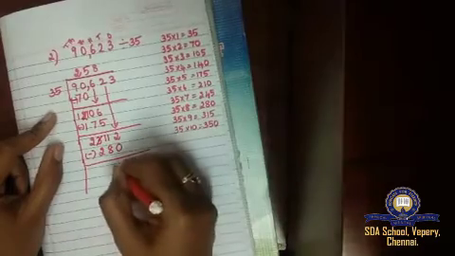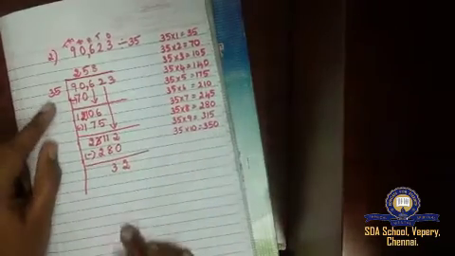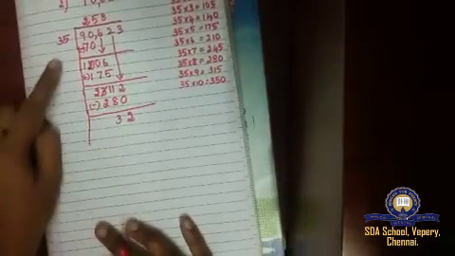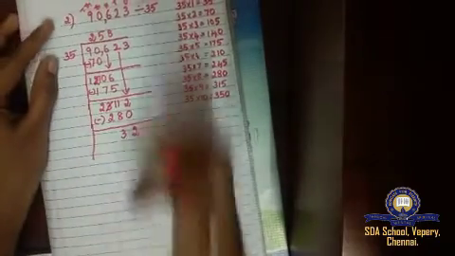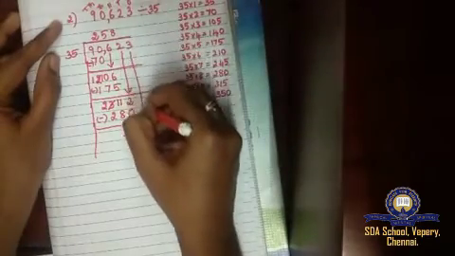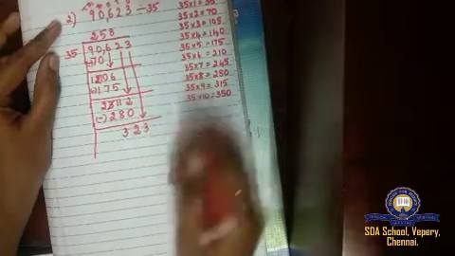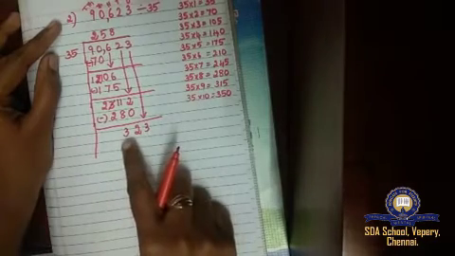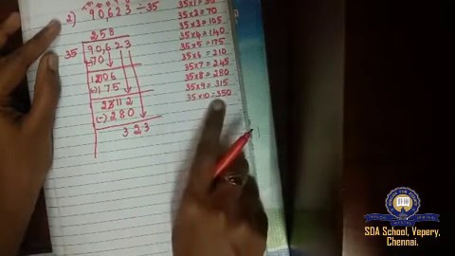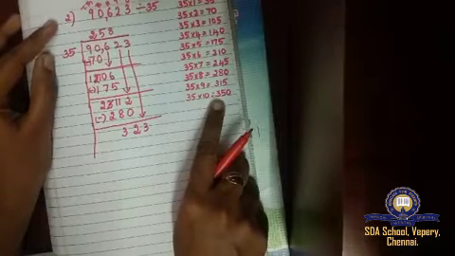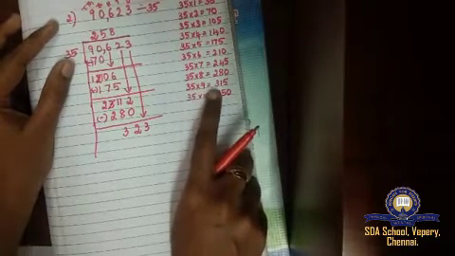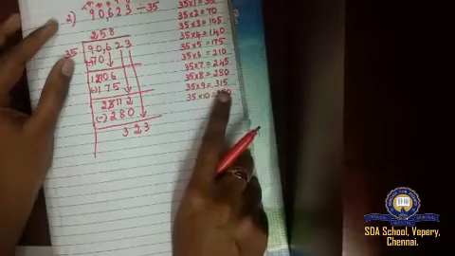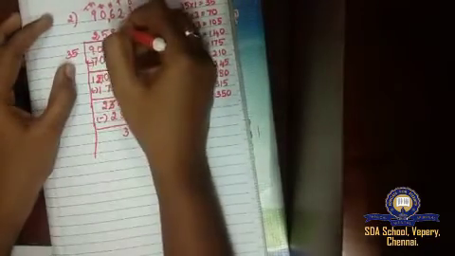So nearest to 312 is 280, that is 35 eights are 280. Now subtract. 2 minus 0 is 2. From 1 you cannot minus 8, so borrow. This will become 2. This will become 11. 11 minus 8 is 3.